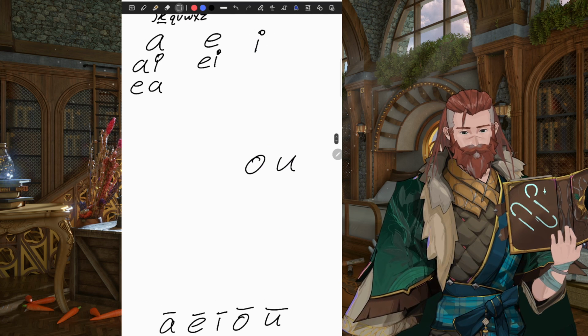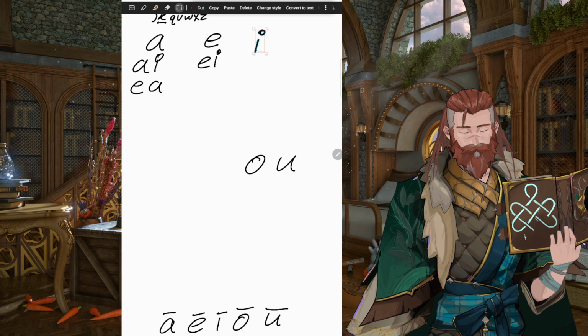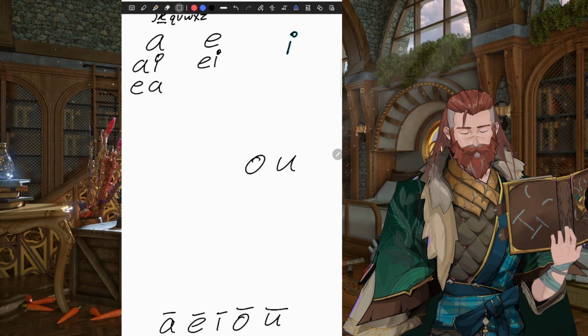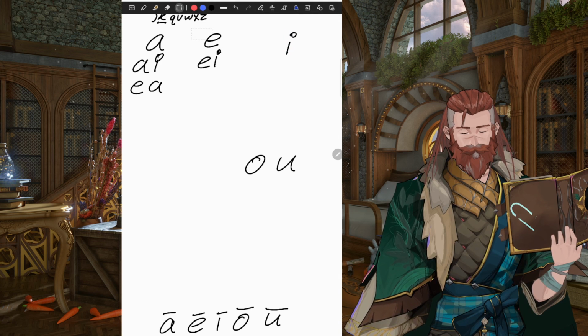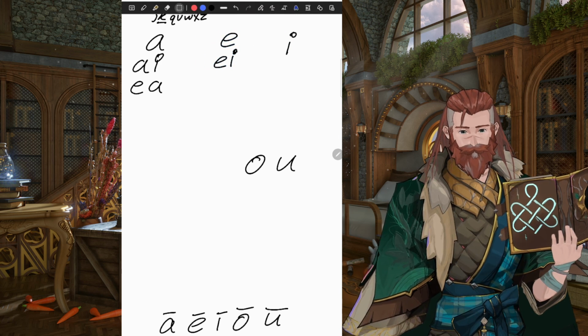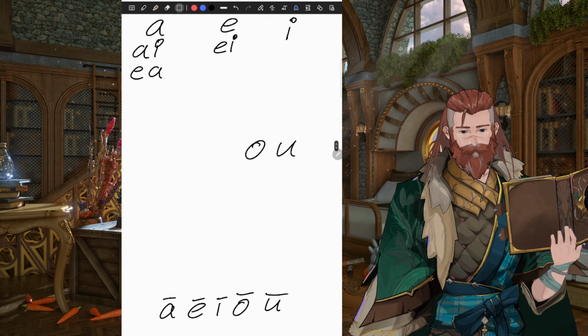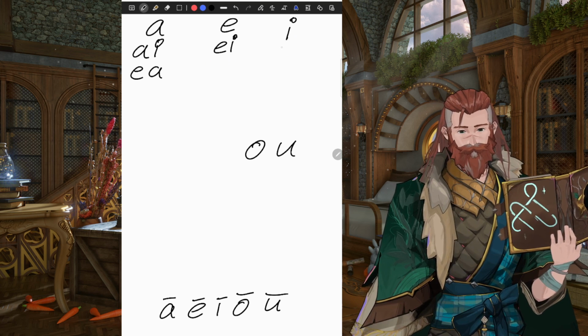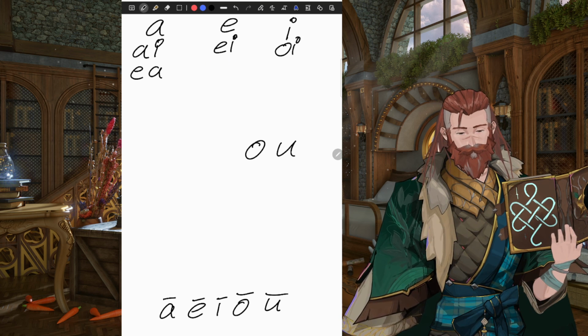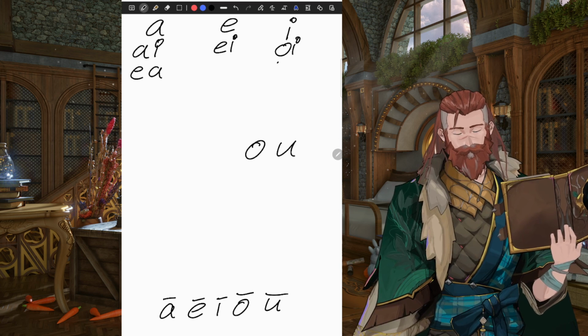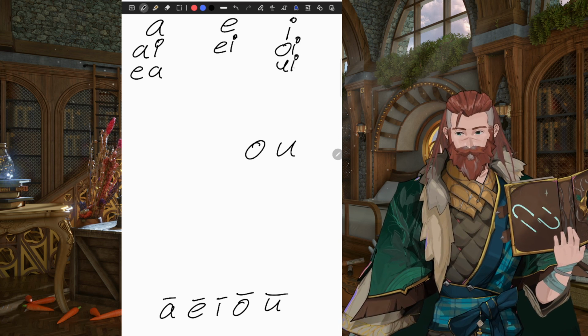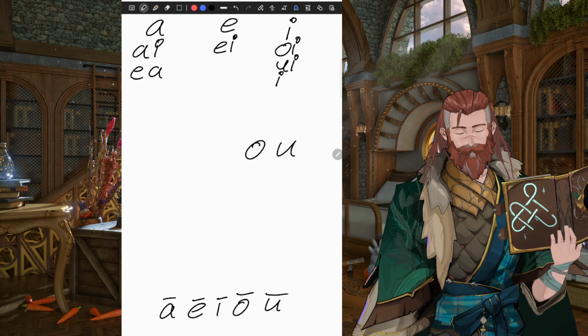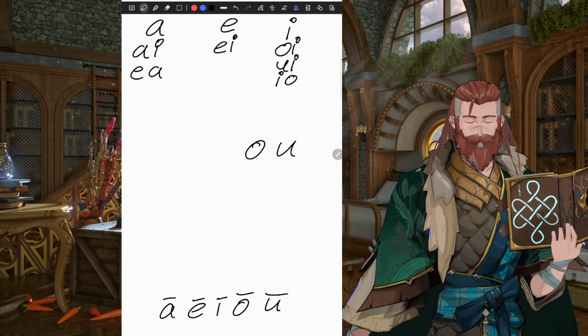I'm still kind of learning how to use this. So for the I, you have OI, UI, and IO.